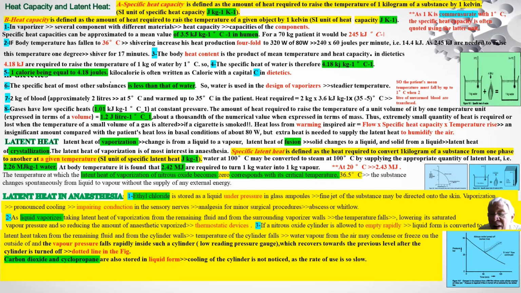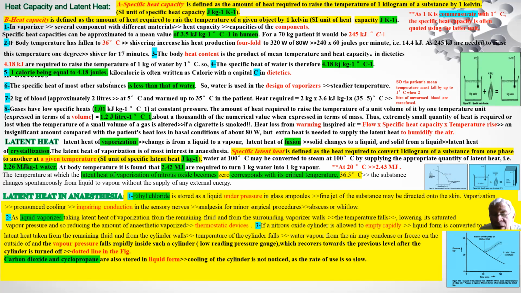So we have an extra 340. Whenever I multiply per 60, we'll get an amount. This amount needs around 17 minutes for the patient to shiver to regain his own temperature again. Of course, this is the body heat content, which is the multiplication of the mean temperature times the heat capacity of the human being.